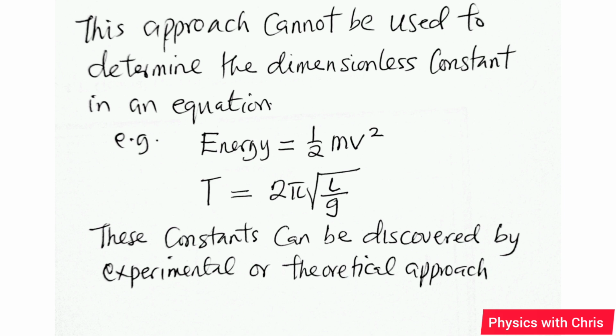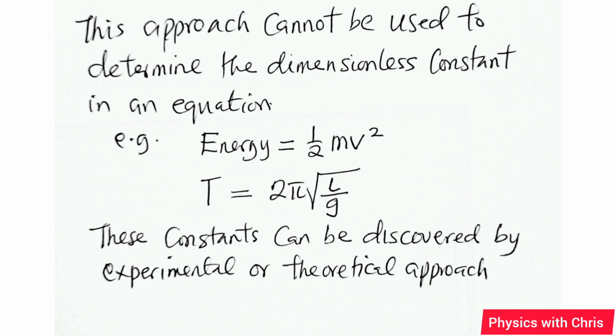For example, the equation for kinetic energy is half mv squared. You'll be able to use dimensional analysis to show that kinetic energy is proportional to mv squared. mv squared is dimensionally consistent with energy, but the approach will not help you to find that constant half.